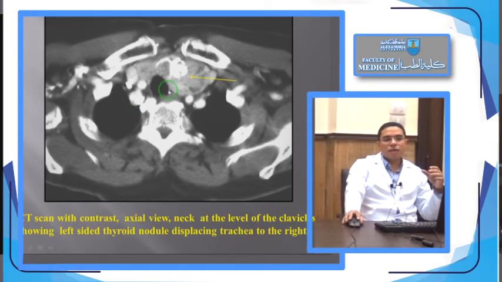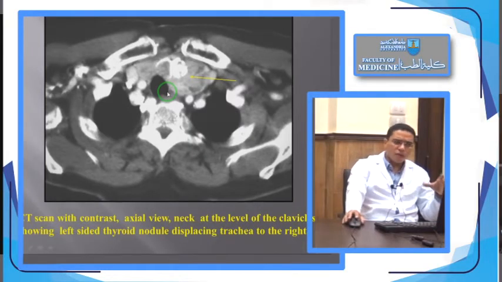We can do a CT scan for cases of retrosternal goiter to know the level of the retrosternal extension. In some cases of recurrent goiter we can do CT scans, but most cases of simple multinodular goiter, which are the most common type of goiter, we don't do CT scans.